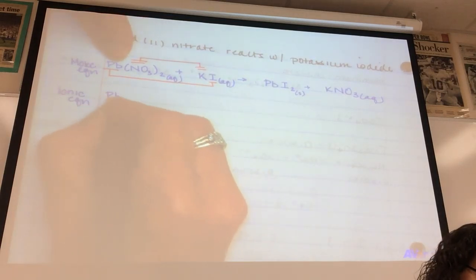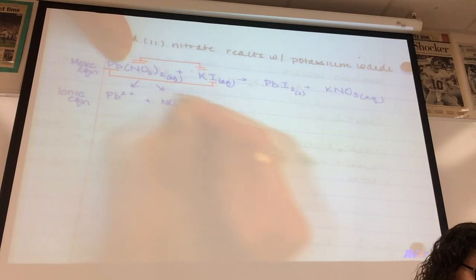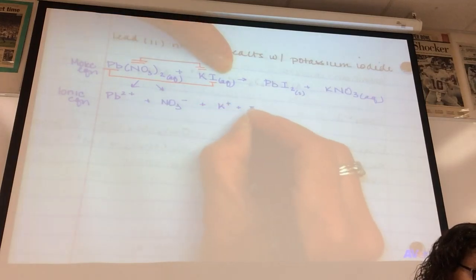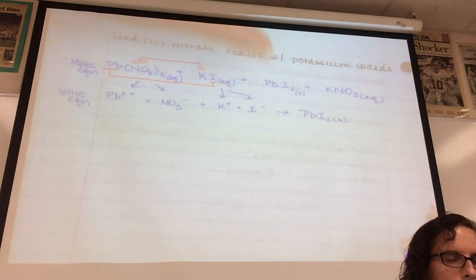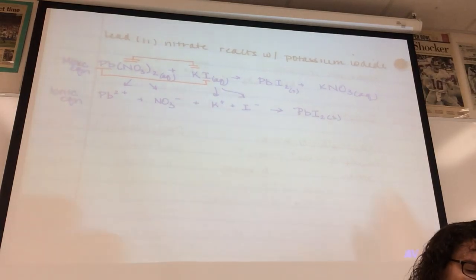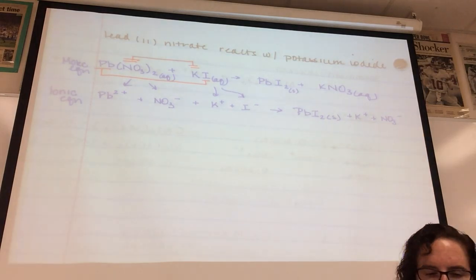We will have lead 2 ion, nitrate ion. Again, I'm not worried about the balancing at this point. Potassium ion, iodide ion, lead 2 iodide. That's the solid. The S will tell me don't touch it. And you'll have potassium ion and nitrate ion. That's an ionic equation.